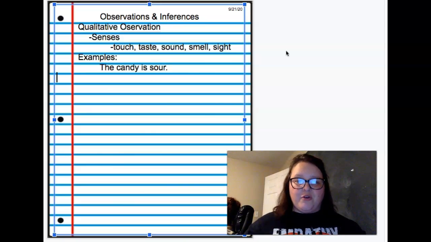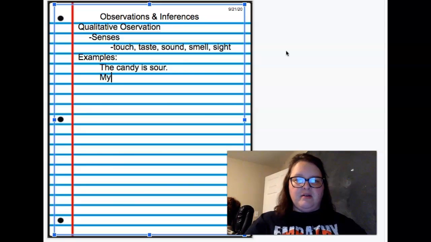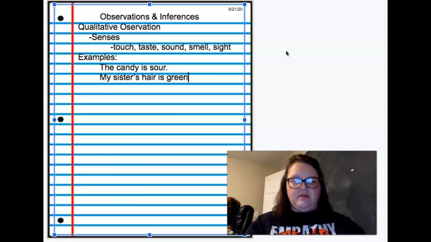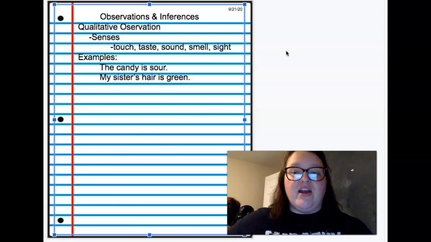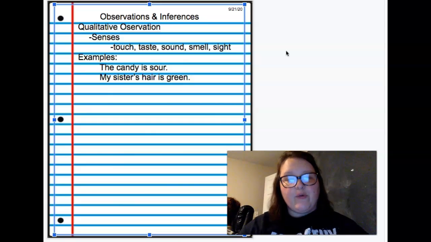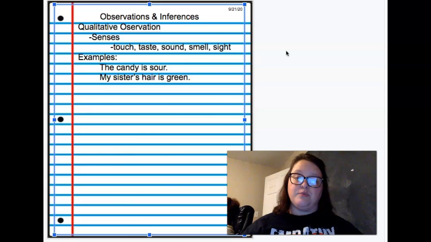So let's do another quick example. My sister's hair is green. Now, we would have to look at my sister and see that her hair is green. Now, that's not really true, but people do dye their hair, so we know that that is possible.